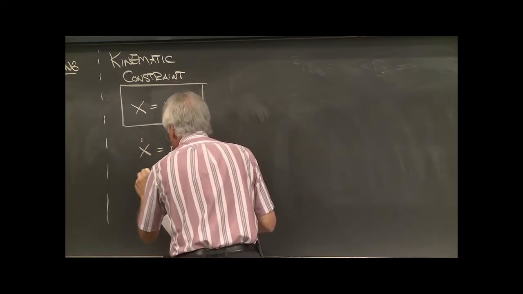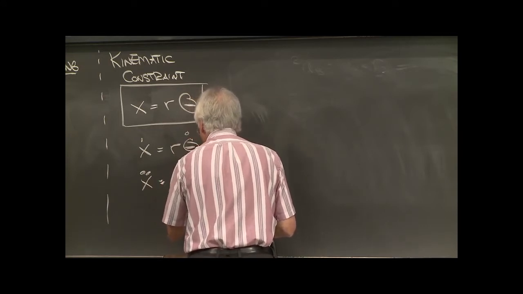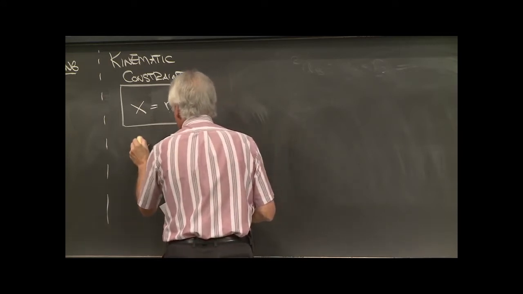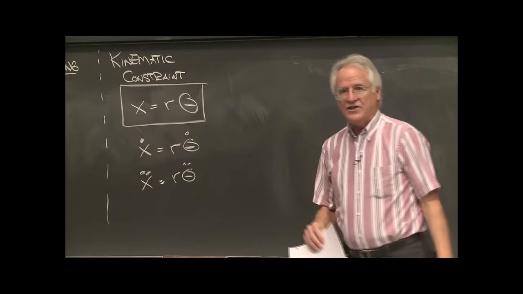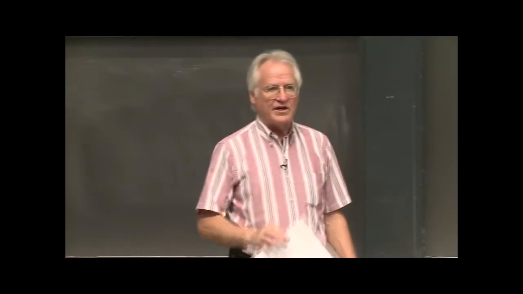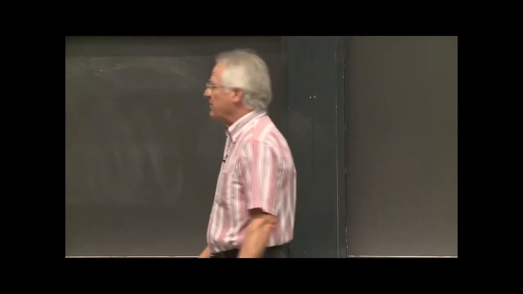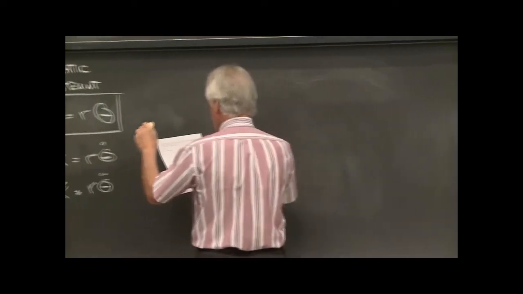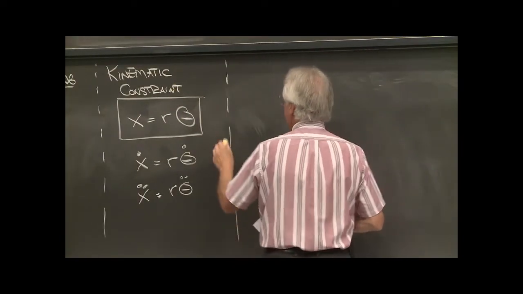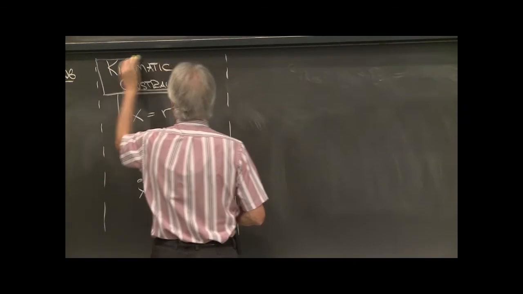And let me simply say that the kinematic constraint survives differentiation. If you know how the positions are related, so too you know how the velocities and the accelerations are related.